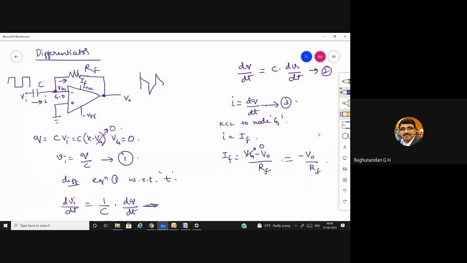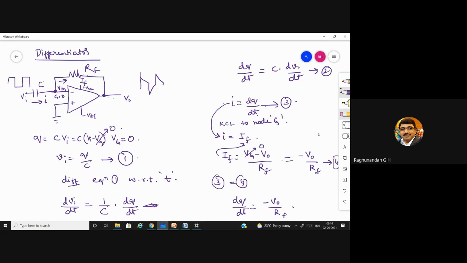Take this as equation number 4. Now combine equations 3 and 4; we are just substituting IF and I. When we substitute these in the above equation, we get dQ by dt is equal to minus V naught by RF.